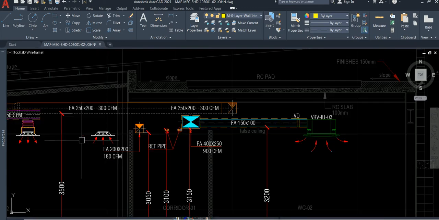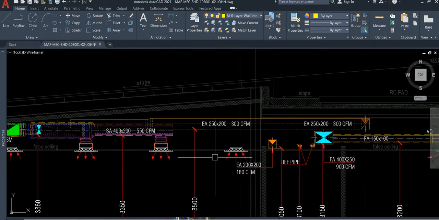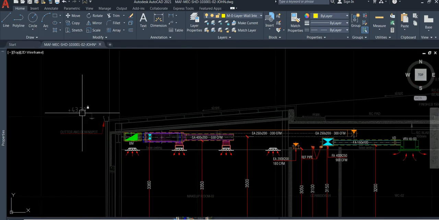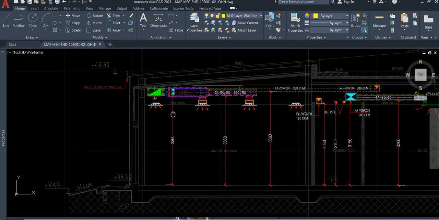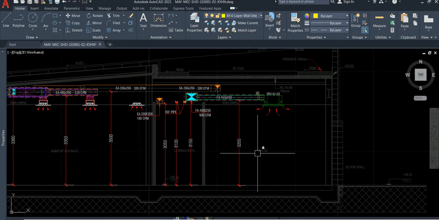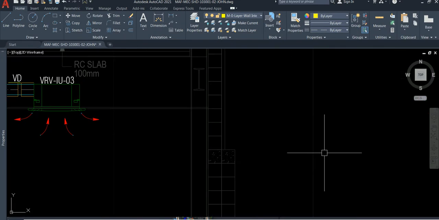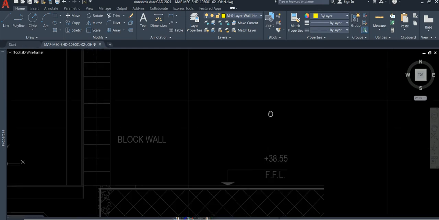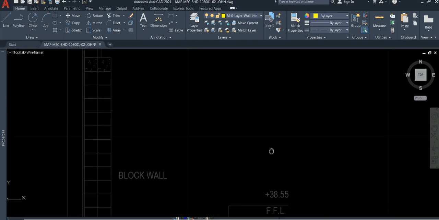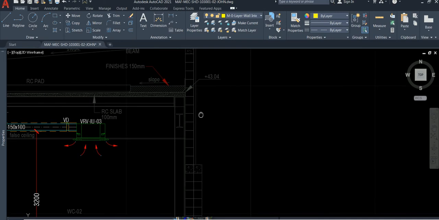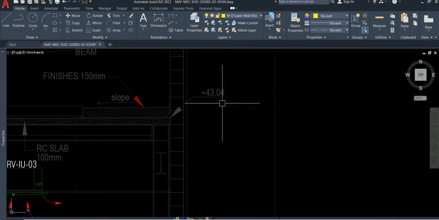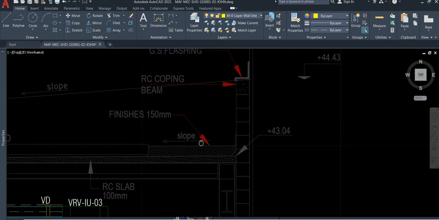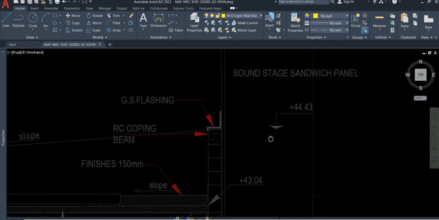Okay, total 3500. That's the flooring. So let's say 4.3, looks good. So at least let's say a minimum of block wall, let's say 4.3 meters, 43 plus 43.4, 44.4.